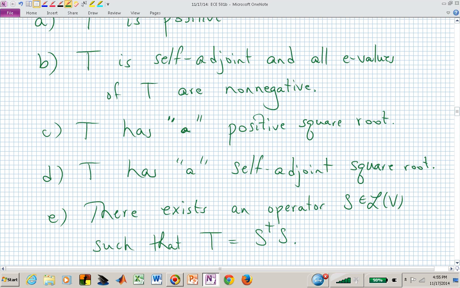I've now found that it's a square root. I now need to show that that S is positive. And to make sure that S is positive, I need it to be self-adjoint, and I could say all eigenvalues are non-negative, but I'm going to maybe show that it has this inner product non-negative. Okay, that's the definition of it being positive.